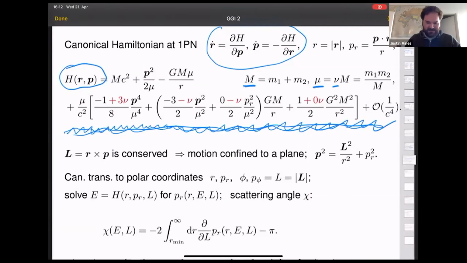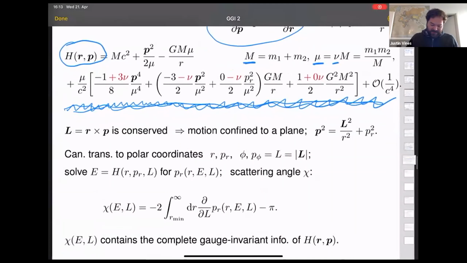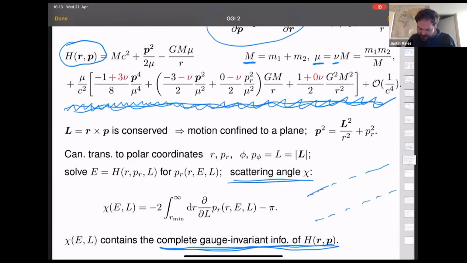But I think many of our amplitudes friends are familiar with the fact that the complete gauge invariant information of that Hamiltonian function is contained in the scattering angle function. And if you'll allow me to gloss over the details here, if you have the Hamiltonian and the equations of motion, you can solve them for a scattering event.